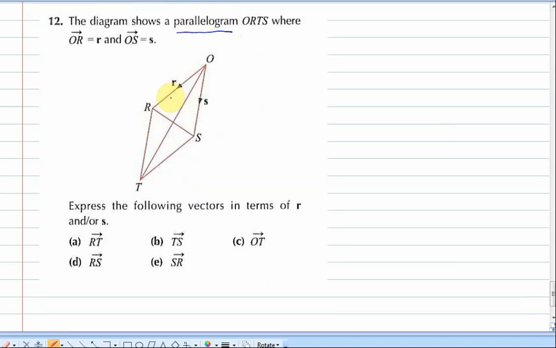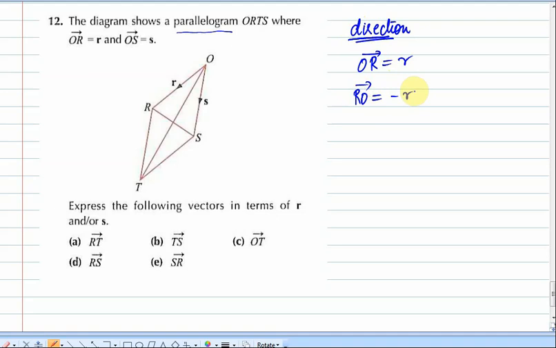Keep in mind, whenever you are attempting a vector question of such type, you need to focus on direction. What does it mean? It says OR is equal to R, right? If we are using RO somewhere in my question, then it will be negative.